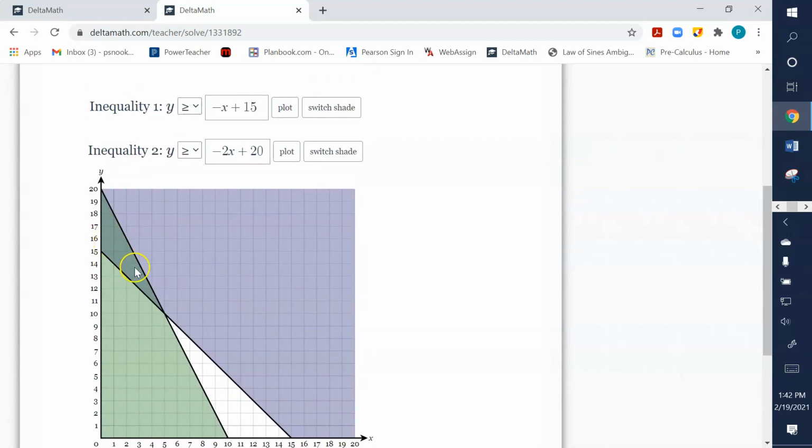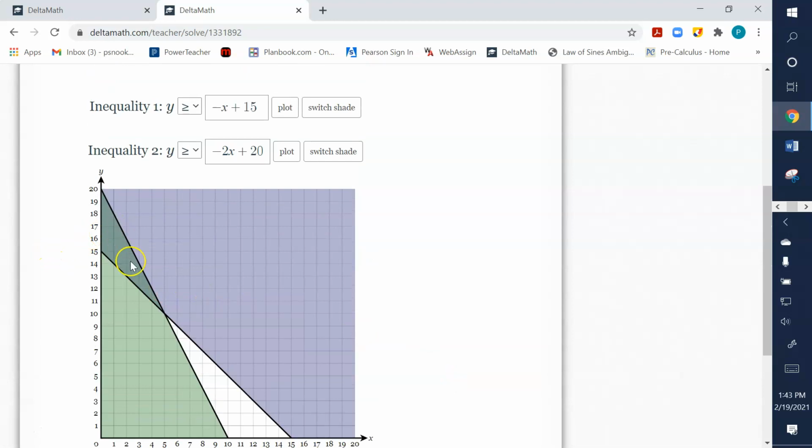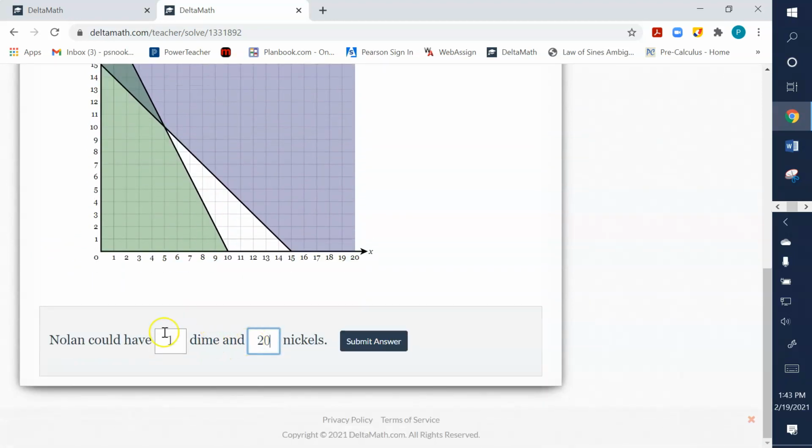So over here where it's a dark green, I have x is 1 and y is positive 20. So I could have 1 dime and 20 nickels. Let's see if that works in here in this dark category. Can we have 1 dime and 20 nickels?